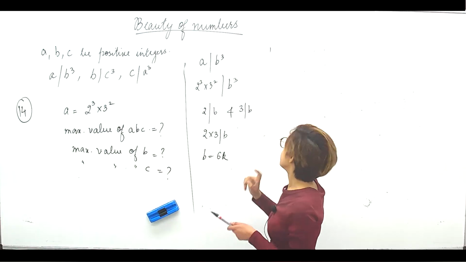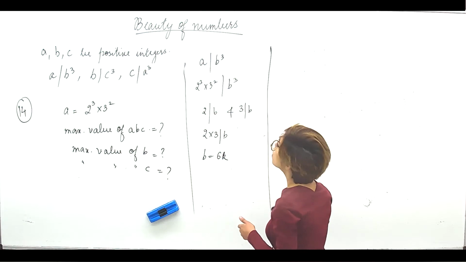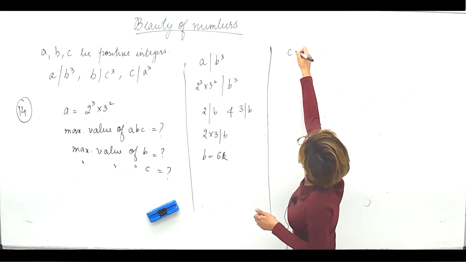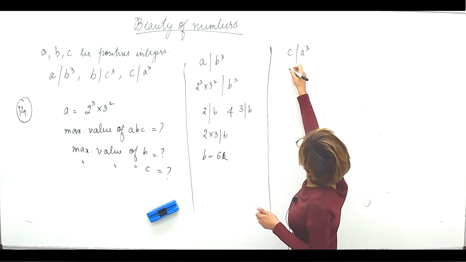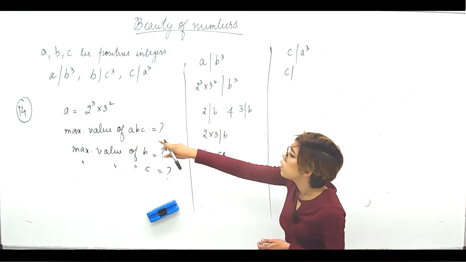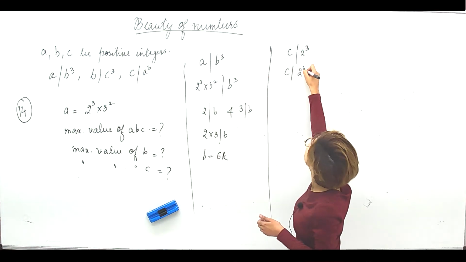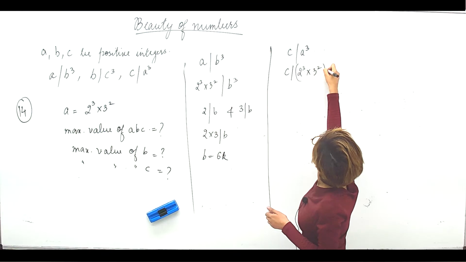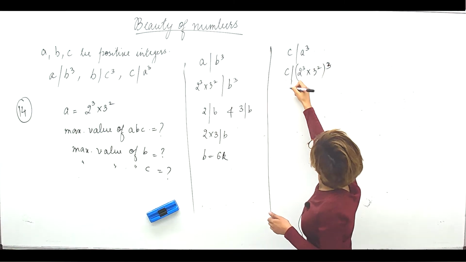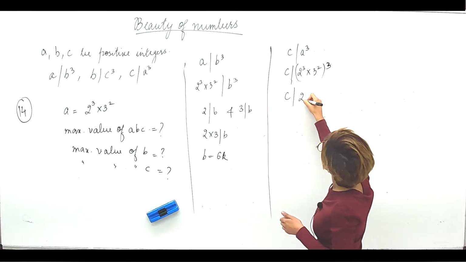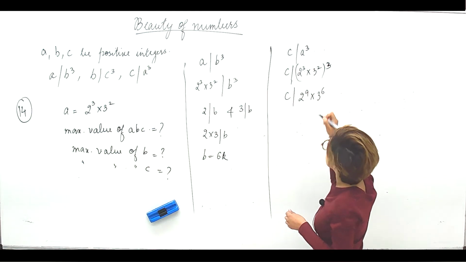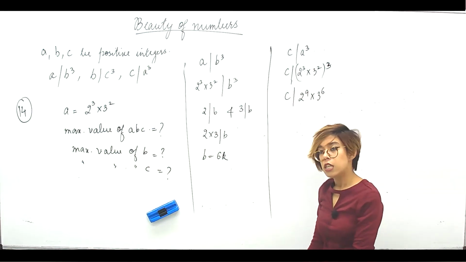Done? Okay. Now let's talk about C divides A cube. C divides A cube, which is 2 cube into 3 square, whole cube. So that means C divides 2 raised to power 9 into 3 raised to power 6. Right? Okay.